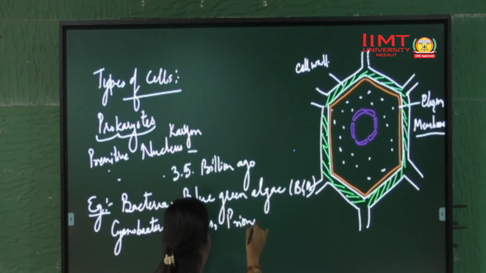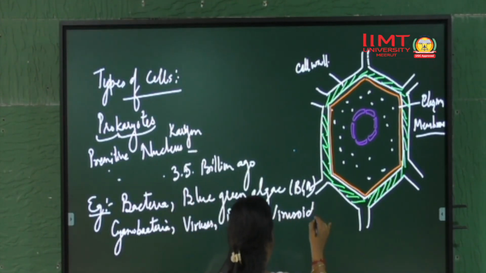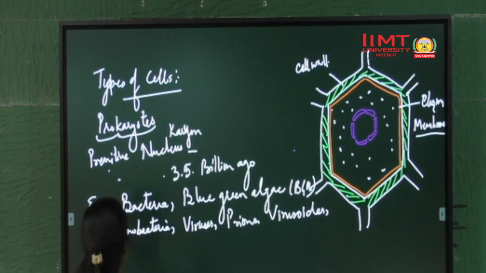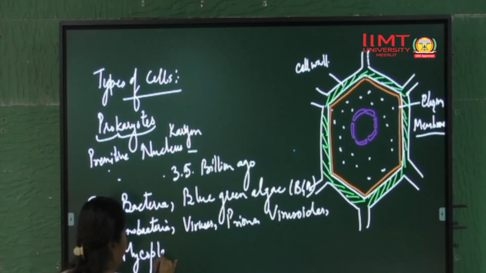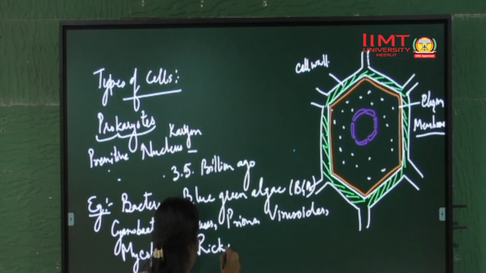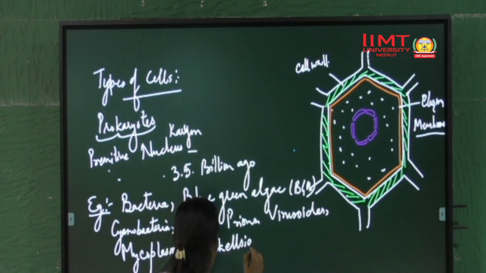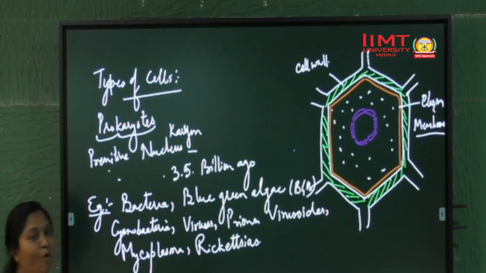Prions, virusoids, mycoplasmas, rickettsias. So, these all are the examples of prokaryotes.